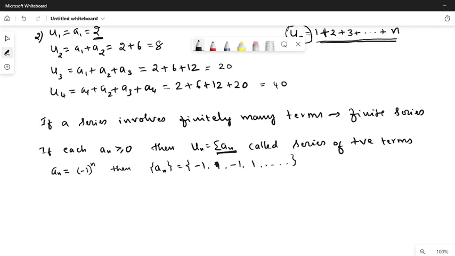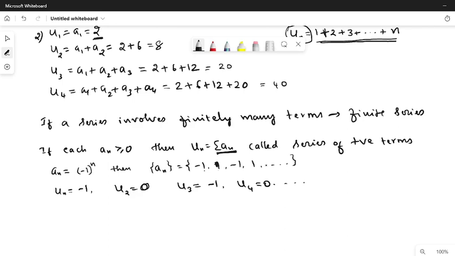Then the corresponding series: u1 is minus 1, u2 is minus 1 plus 1, so 0, u3 is minus 1 plus 1 minus 1, u4 is 0, and so on. So it involves minus 1 and 0. So we cannot strictly say that this is a series of negative terms, because 0 you cannot say is neither positive nor negative.